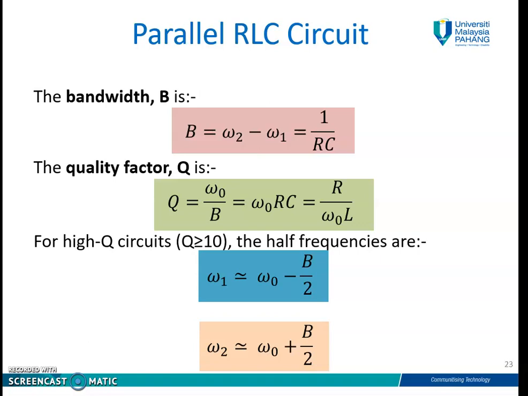The quality factor is omega naught over bandwidth, or equal to omega naught times RC, and also equal to R over omega naught times L. For high Q circuits, where Q is greater than 10, the half power frequencies are omega 1 equal to omega naught minus B over 2, and omega 2 equal to omega naught plus B over 2.